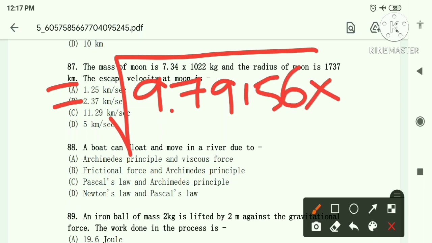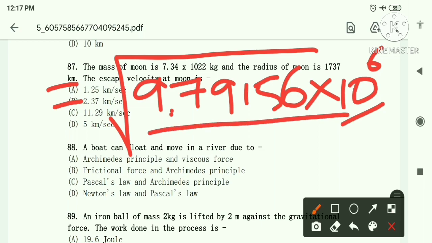97,156 into 10 raised to 6, because 97 is there, the decimal we got left side, here the point is there, so here it is increasing the one value, 10 raised to 5 plus 1, 10 raised to 6 it becomes, okay, whole divided by 1.737, okay.